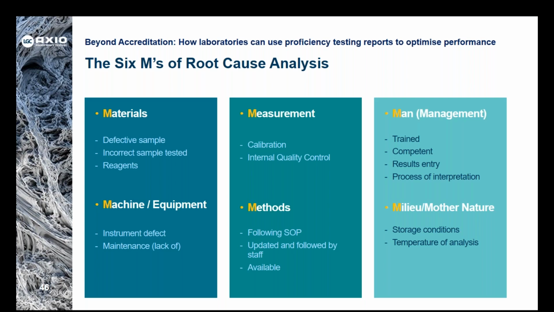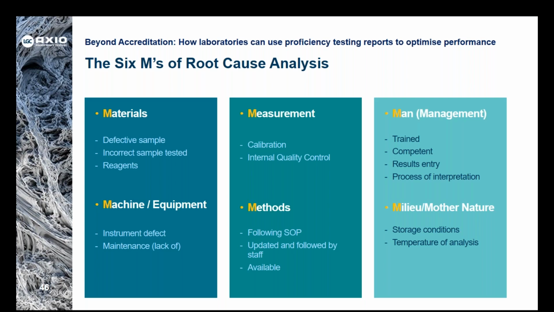The 6 M's shown here on screen suggest some of the more common issues found in each of the component parts. The 6 M's here being materials and machine or equipment, measurement and methods, management or personnel, and Mileu, Mother Nature, that's your immediate environment that you're testing in.